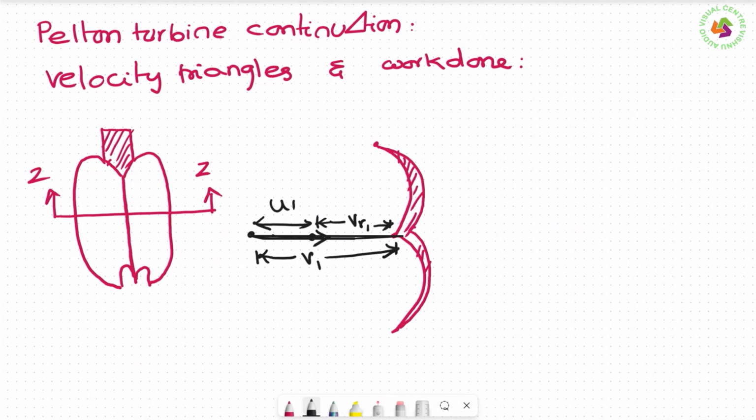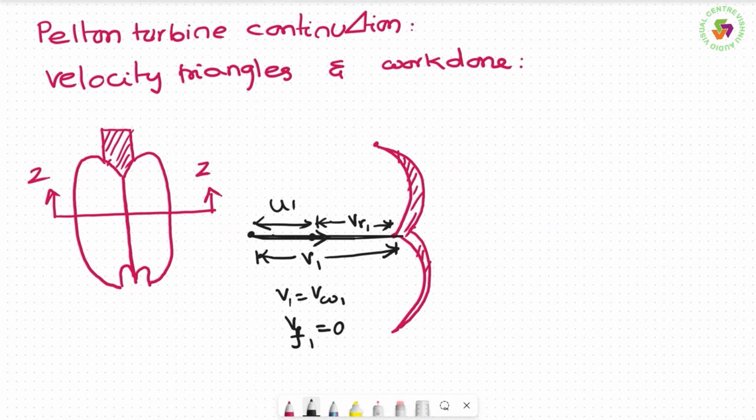Now in the case of a tangential flow turbine, at the inlet, at the splitter, all are in the same direction. Here the horizontal component of V1 is what we call VW1, whereas there is no vertical component, therefore VF1 is equal to 0. This is how the velocity triangle at the inlet will be.